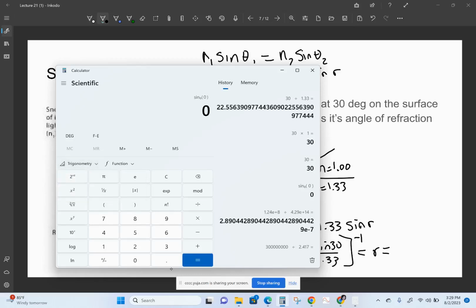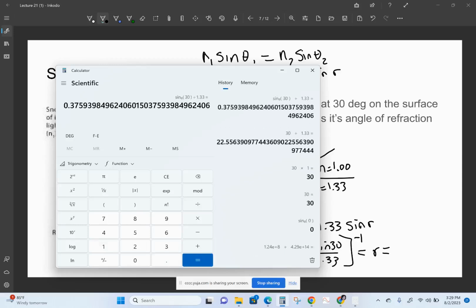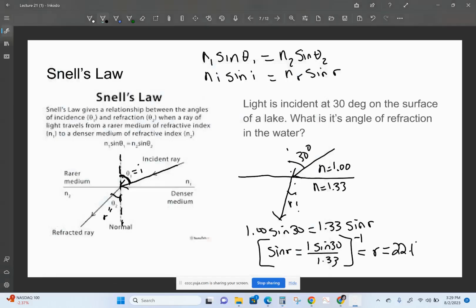I see what I'm doing, I have my calculators backwards. 30 sine times 1 divided by 1.33 equals, okay, there we go, it's a decimal. And now we're going to take the inverse sine of that, which is 22.08 degrees. So angle of refraction is going to be 22.1 degrees. So this number right here is 22.1 degrees. That easy.